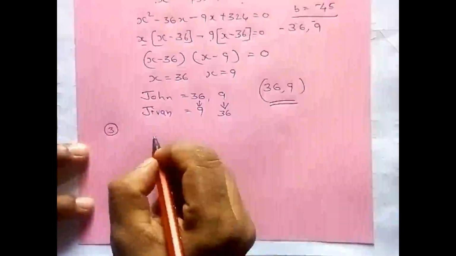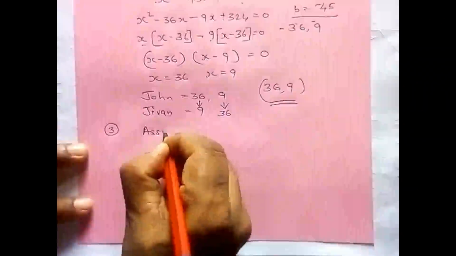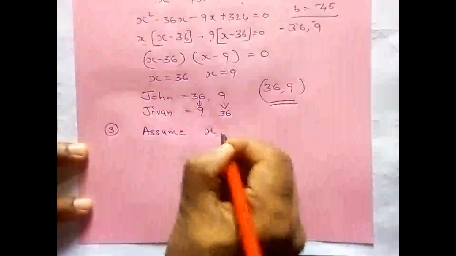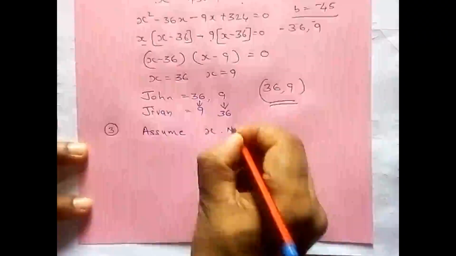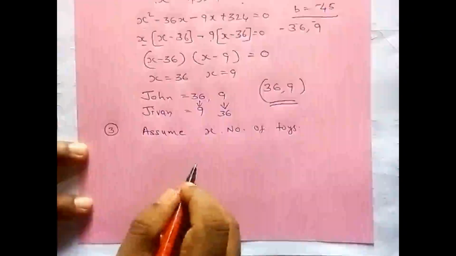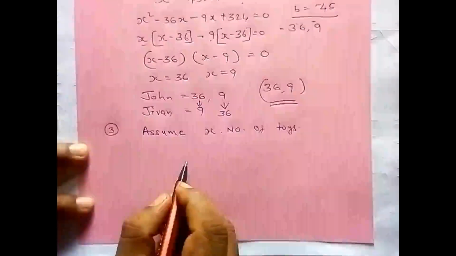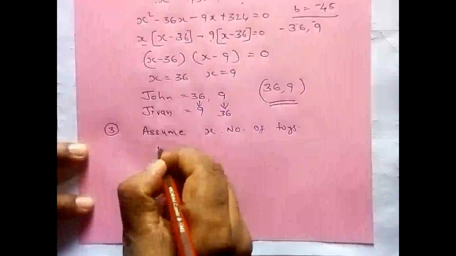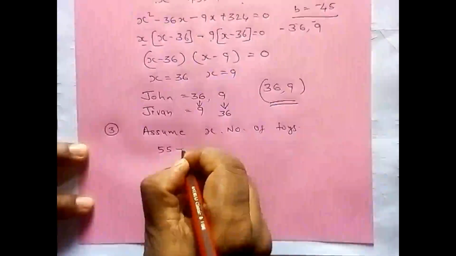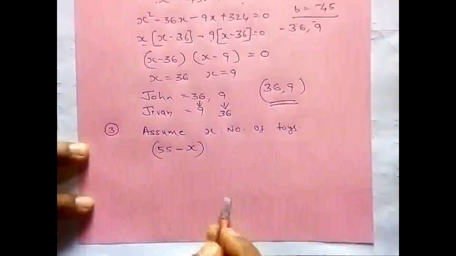Cottage industry produces a certain number of toys in a day. So assume that on one day x number of toys are produced. The cost of production of each toy was found to be 55 minus the number of toys produced in a day.